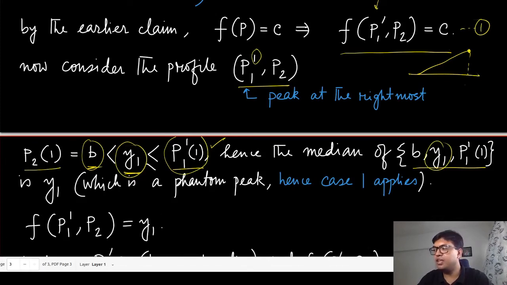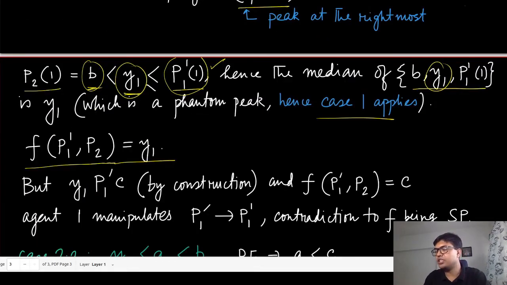If it is a phantom peak, we already know the result of case 1, where the median was the phantom peak. So by case 1, the social choice outcome should be exactly equal to the median, which is Y1.